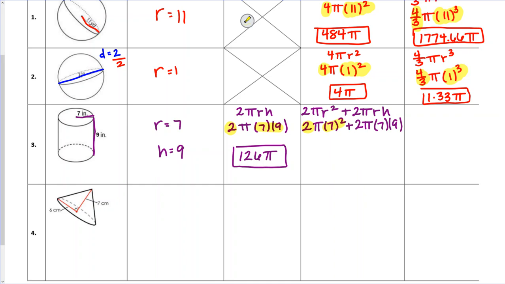So the first part, 2 times 7 squared, that turns into 98 pi plus the second part, skip the pi, 2 times 7 times 9, 126 pi. Combine your like terms, 98 pi plus 126 pi gives you 224 pi.